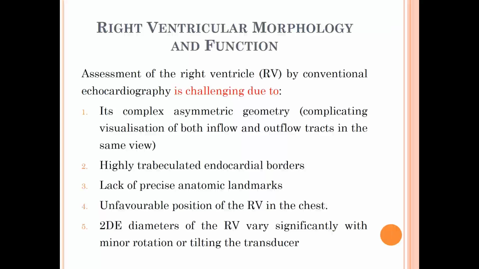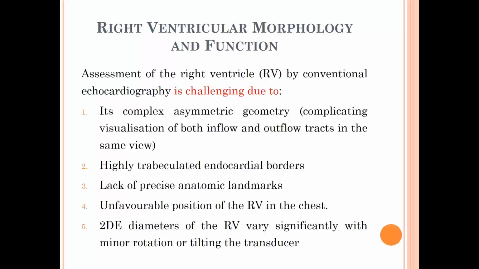What about the right ventricular morphology and function? Assessment of the right ventricle is really challenging by transthoracic echocardiography because the right ventricle has a complex asymmetrical geometry. We cannot see the whole thing, the inflow, the body, and the outflow at the same time in one view. It is extremely difficult.